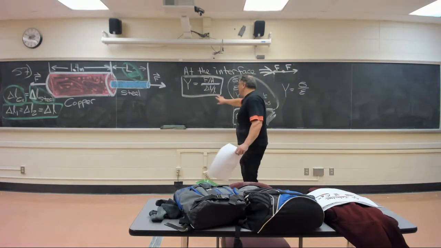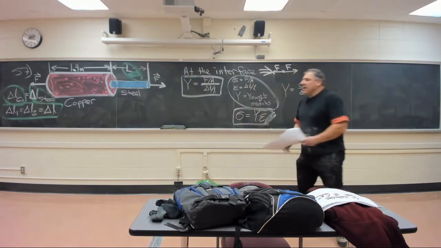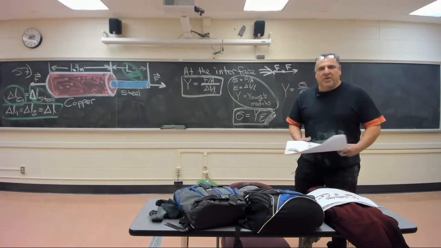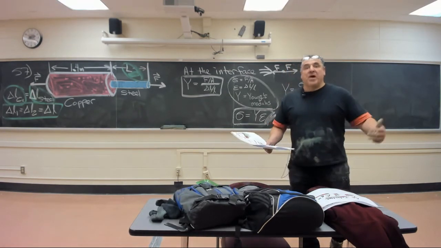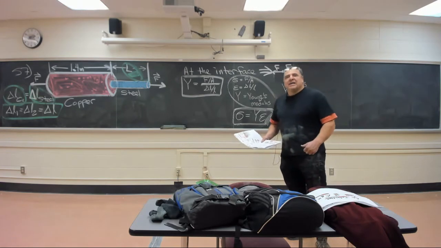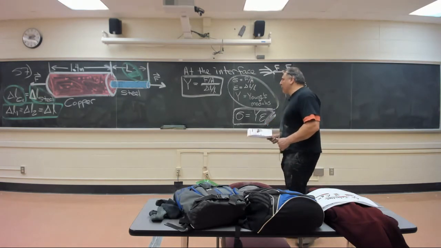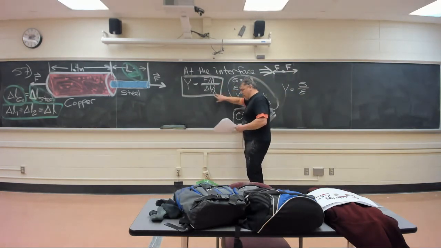But once we're here, this has everything explicitly written. It's not as tidy and neat as saying sigma equals Y times epsilon. Here it's F over A equals Y times delta L over L. If you divide by the quantity delta L over L on each side, Y is equal to F over A divided by delta L over L.